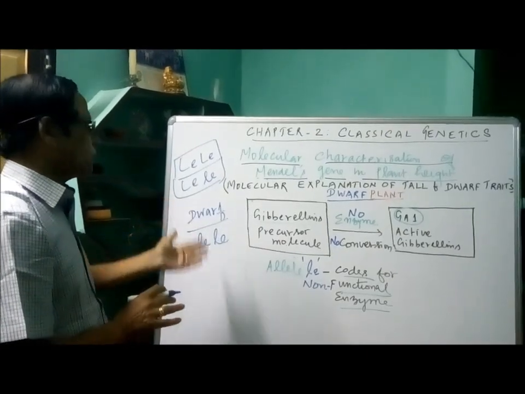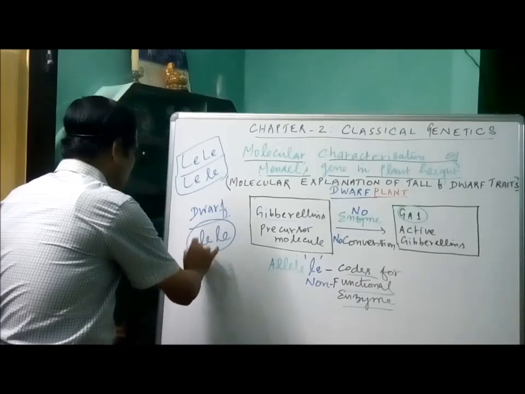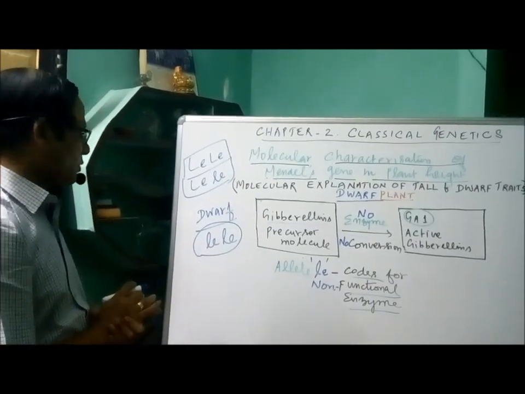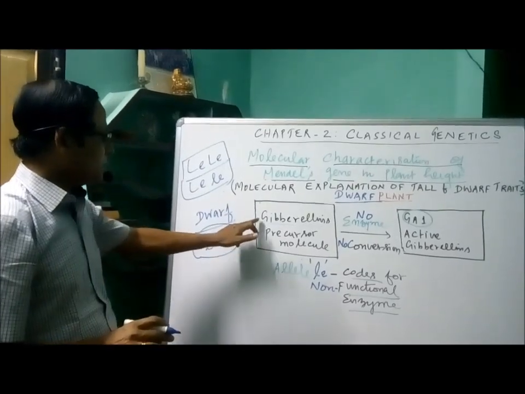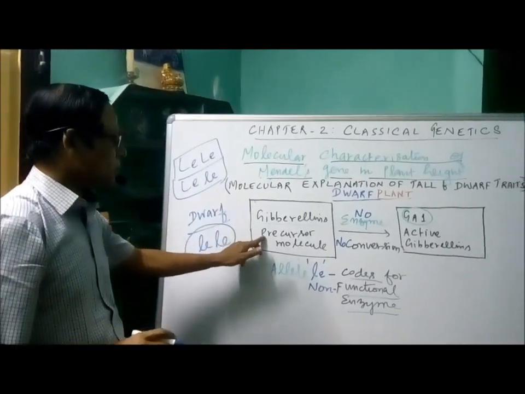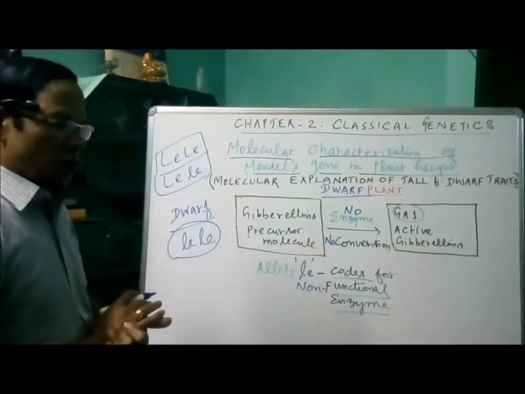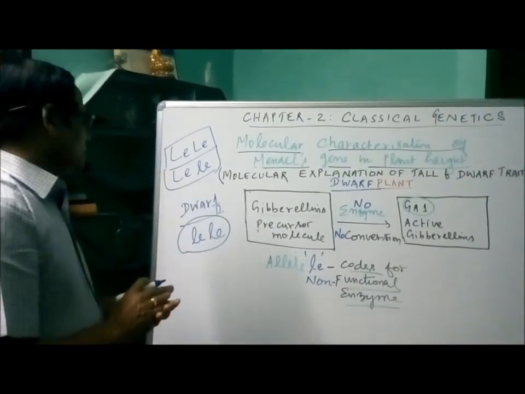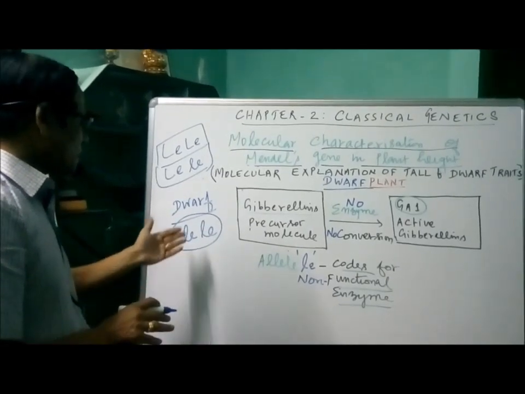In the case of dwarf plant, the gene is recessive. So the dwarf plant is homozygous recessive, you know that one. The gene for the production of the enzyme to convert the gibberellin precursor molecule into active gibberellin is under the control of the dominant gene. But here no dominant gene is present and both the genes are recessive.